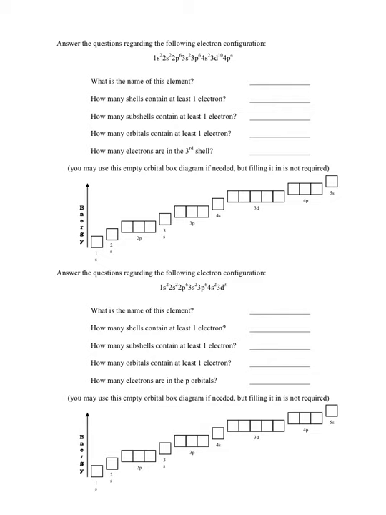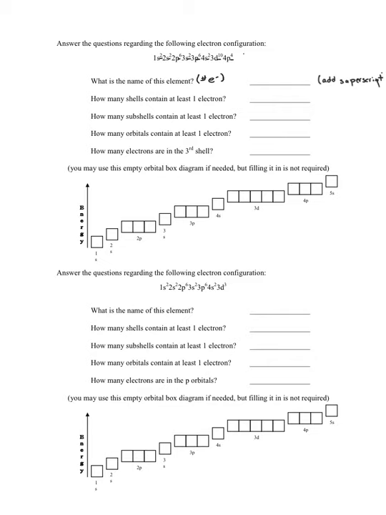Again, this is equal to the total number of electrons. And so to figure that out, all you have to do is add up your superscripts. In this case, I would go 2 plus 2 is 4, plus 6 is 10, plus 2 is 12, 6 is 18, 20, 30.